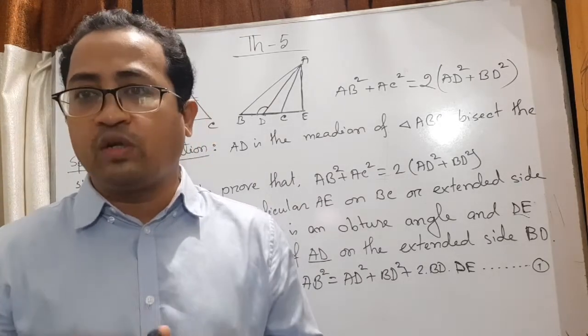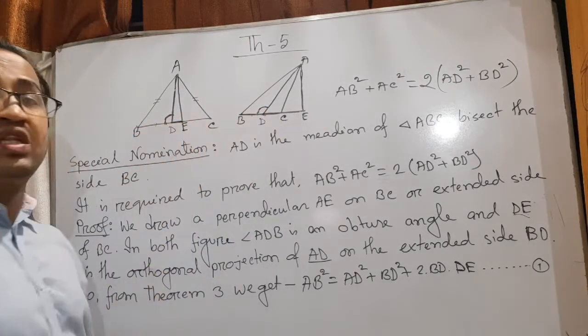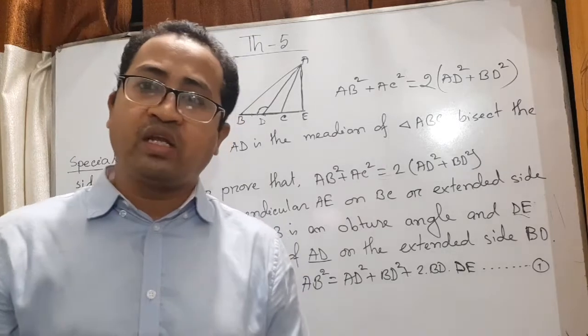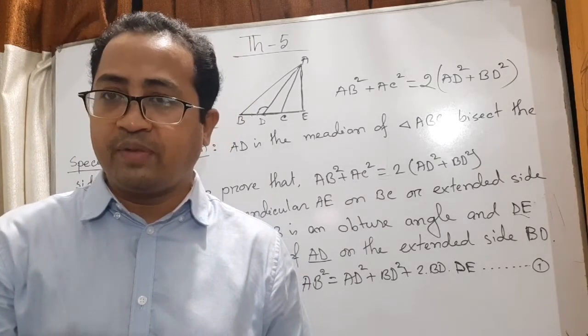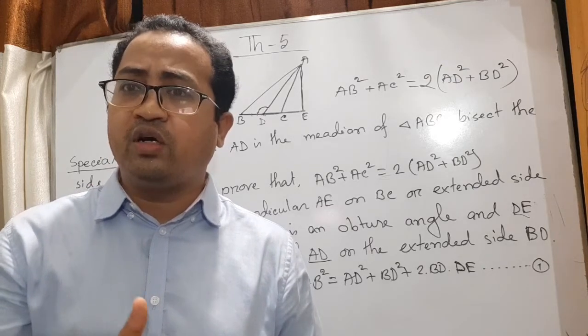So you have the orthogonal projection, and you have the obtuse angle there. From theorem 3, can you remember theorem 3? Last lecture I already briefed theorem 3 for the obtuse angle.